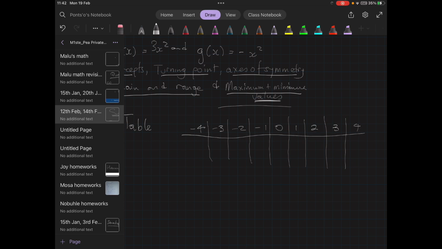So f of x. When we substitute -4 into 3x squared, we get 16 by 3, which is 48. Then for -3 it is 9 by 3, which is 27. For -2, it's 4 times 3, which is 12.